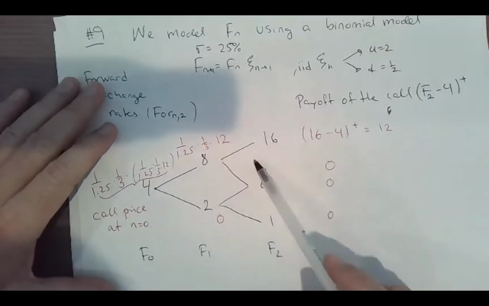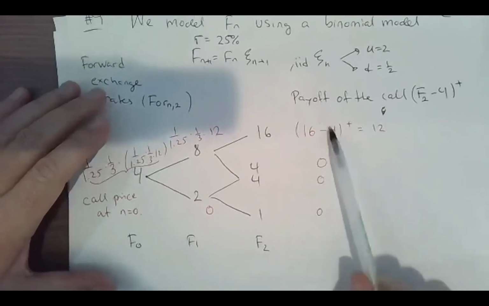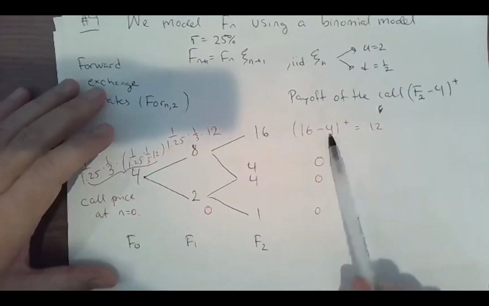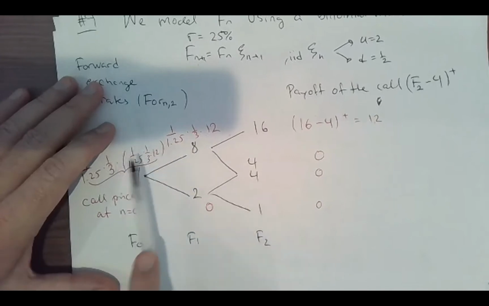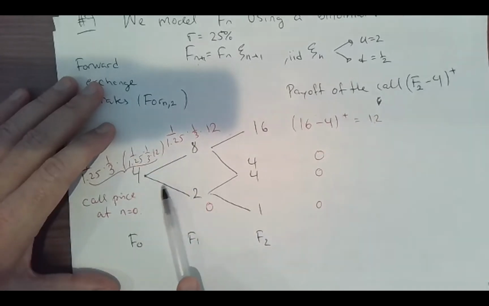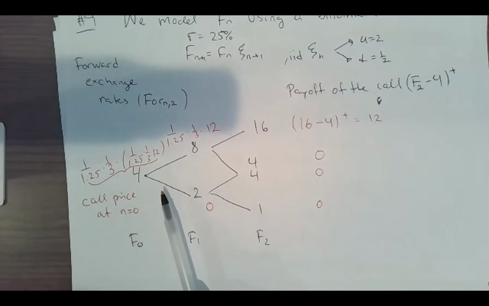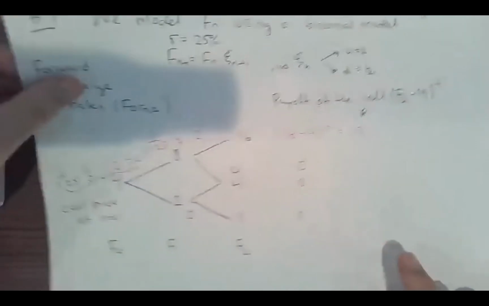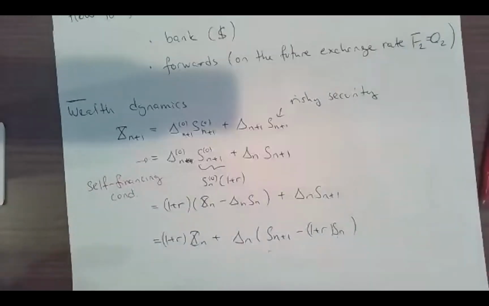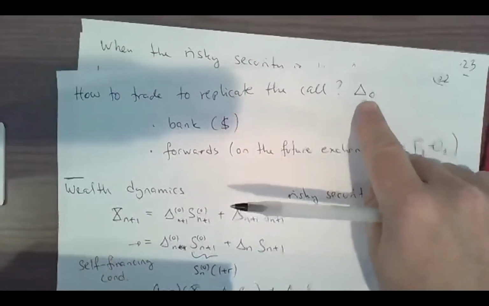We figured out what the value of the call is at time 2, what the value of the call is at time 1, what the value of the call is at time 0. So now I want to figure out what is the replicating portfolio at time 0. What is my delta 0? Like this was the starting point, right? We wanted to figure out what is delta 0.